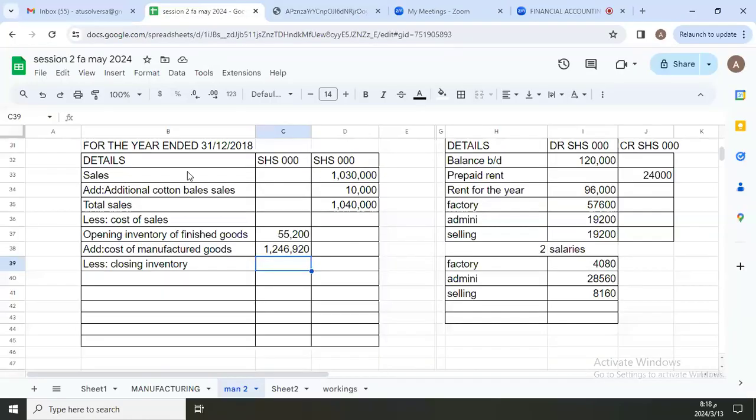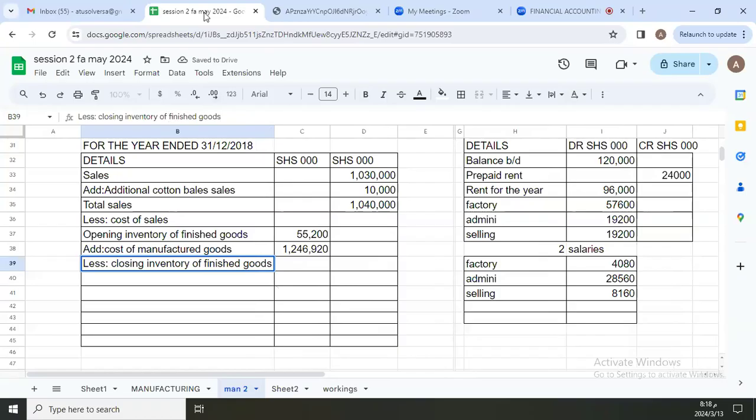We write closing inventory of finished goods, 25,200. When we put our 25,200, we don't have any other thing.